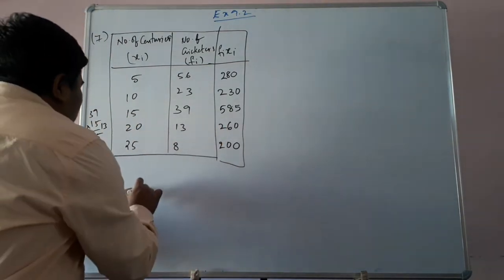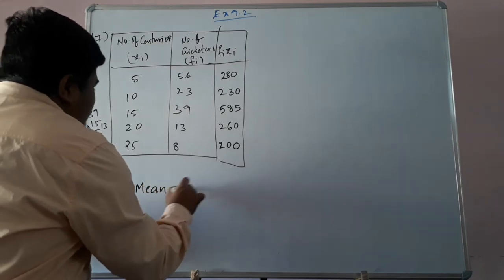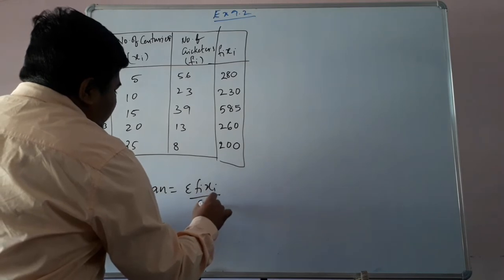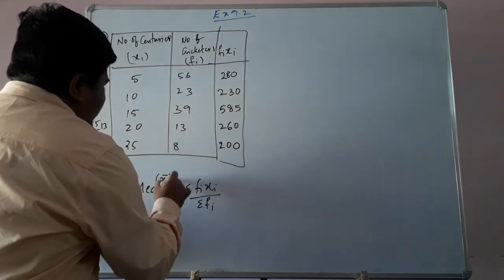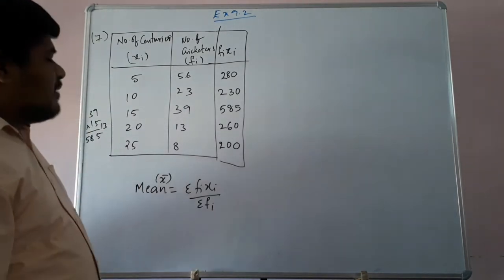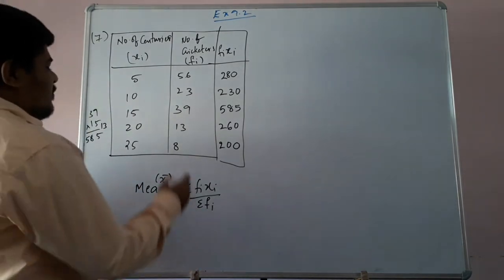So what is mean equal to, children? Mean is equal to sigma fi xi by sigma fi. Mean is represented with x bar. This is the direct method. Now find sigma fi.